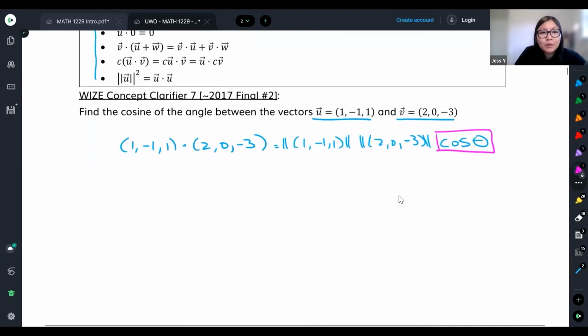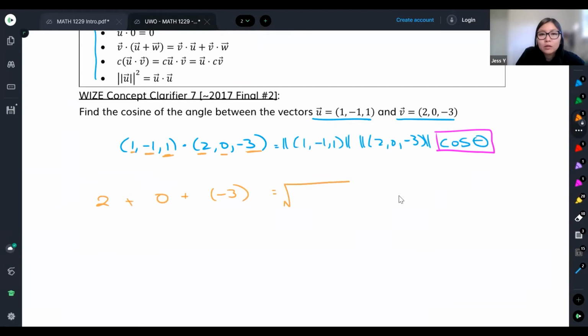So on the left-hand side, we're finding the dot product. You're multiplying each pair of numbers together, right? So 1 times 2, that's going to be a 2, plus -1 times 0. Zeros are your best friend. Anything times 0 is 0. Plus 1 times -3, which is -3. So that's your dot product on the left-hand side. Then we have to use our formulas for lengths.